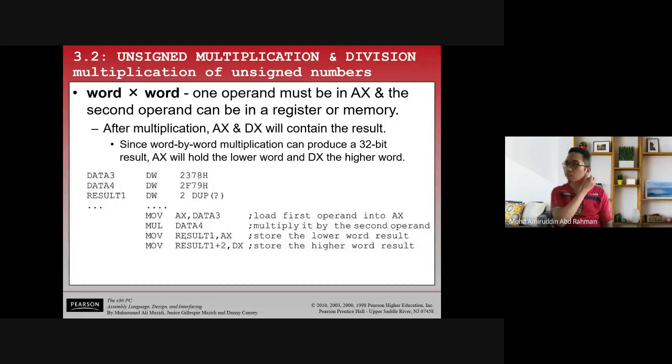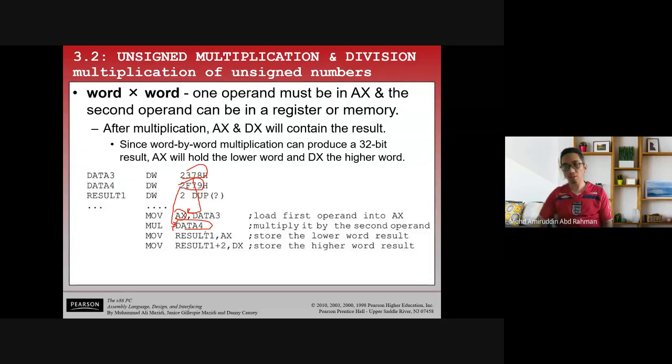How about word times word? Word will be longer. In this one, our data 3 is 2378, moved to AX. We multiply that with data 4, and AX is 2378.